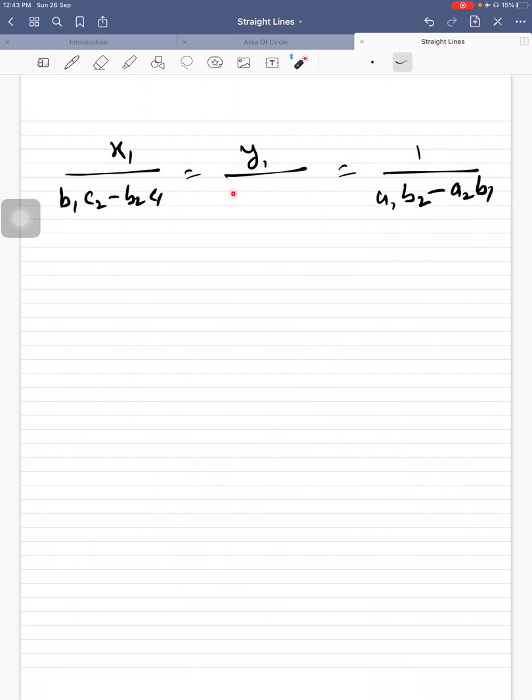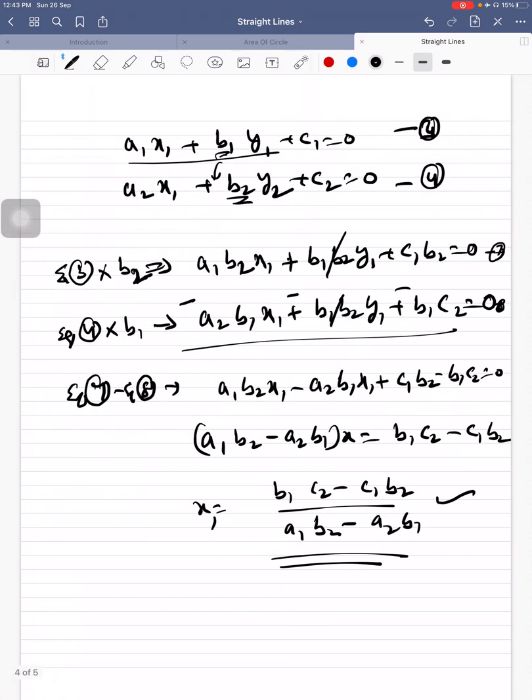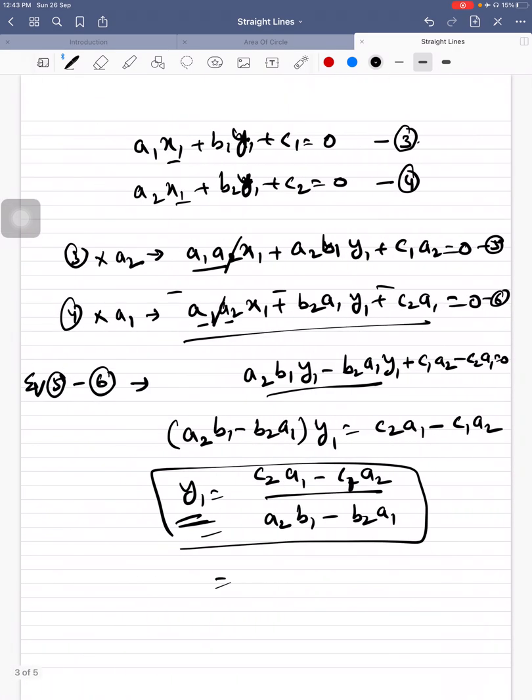For y, the numerator is c1 a2 minus c2 a1. This can also be written by equating the denominators of y1 and x1: c1 a2 minus c2 a1 divided by b2 a1 minus a2 b1.